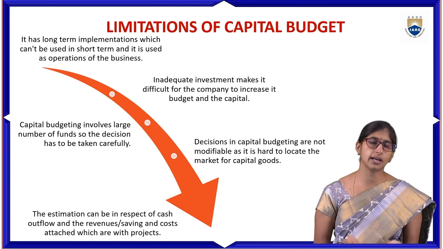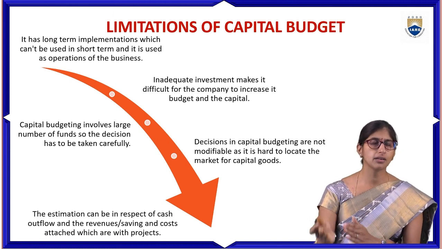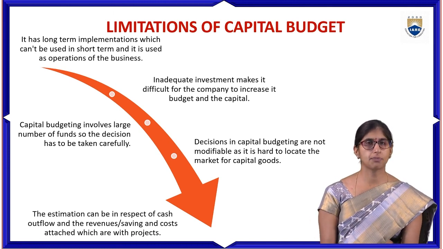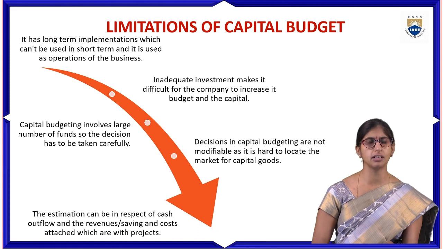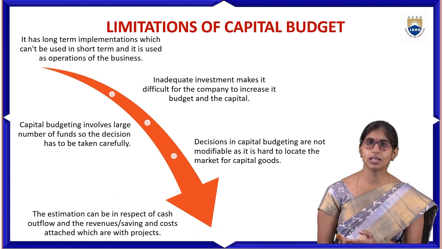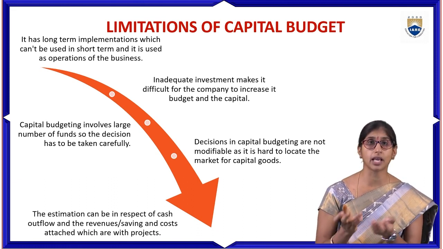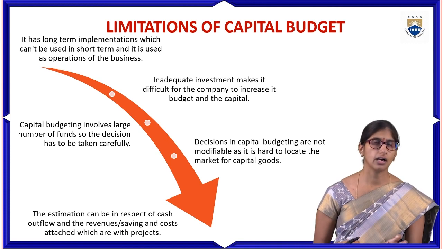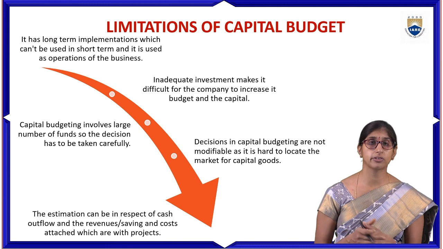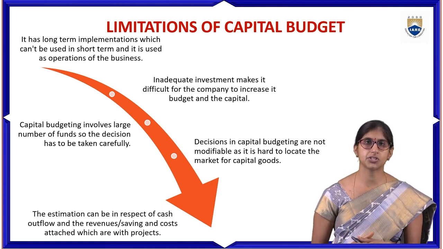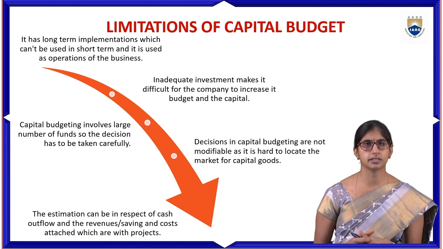Sometimes we are adopting certain techniques of capital budgeting, and then concluding that this can be the revenue and this can be the expenditure. But all the time we cannot expect the same to happen in exact reality. So that's the reason this is another limitation of capital budgeting decisions.